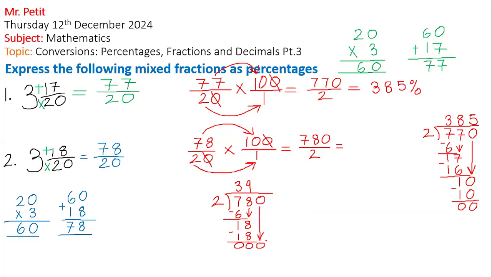How many times does 2 go into 0? 0 times. 0 minus 0 is 0. So it's going to be equal to what? 390 percent.